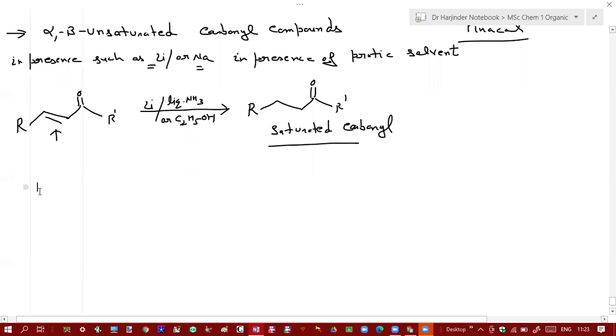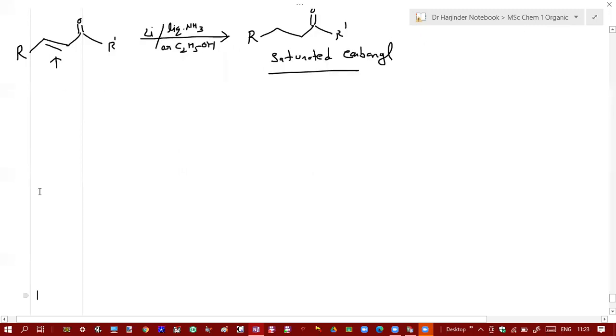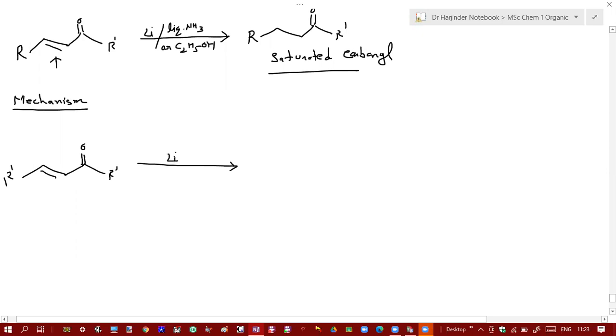So the mechanism is very simple, as we discussed yesterday in case of carbonyl compounds. So again, suppose you have this alpha beta unsaturated carbonyl compound and you treat it with lithium, say in liquid ammonia.